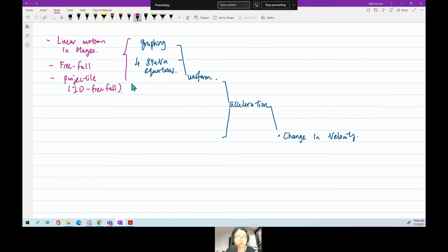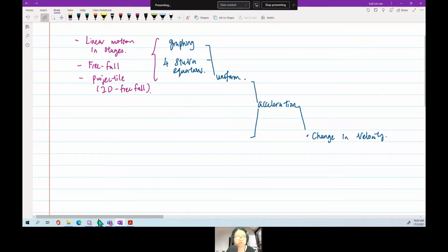So the extra tools that you need to deal with this, right, besides knowing the 4 Ch2-5 equations, is also to know how to determine the relationship between the graphs.